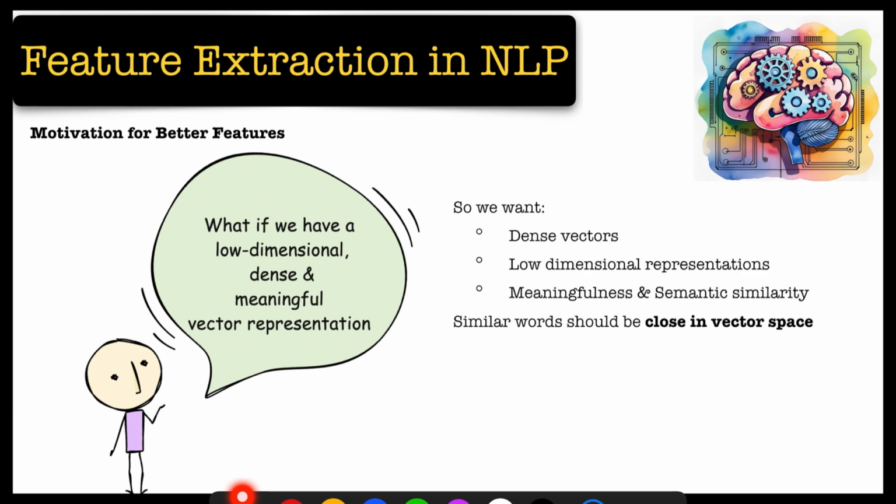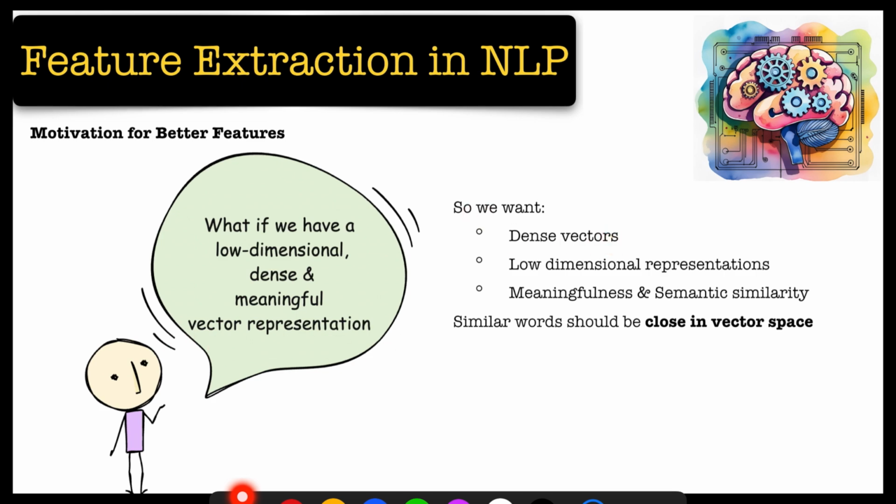Now we'll see the motivation for better deep learning based feature extraction techniques. So what do we want basically? Earlier we had high dimensional vectors, and the vectors were very sparse and they were not capturing the meaning of the word, right? So what if we have a low dimensional, dense and meaningful vector representation?